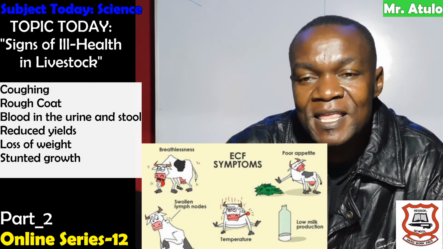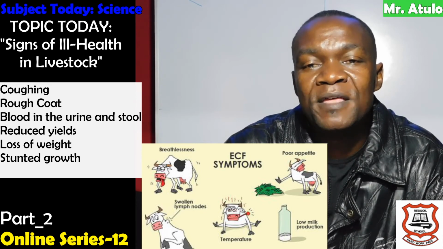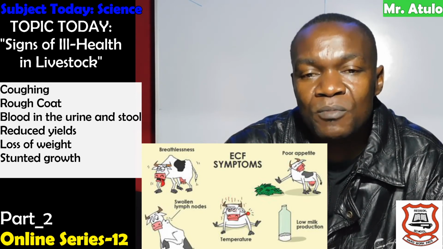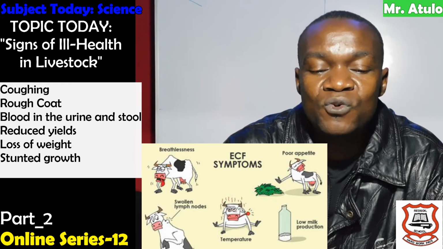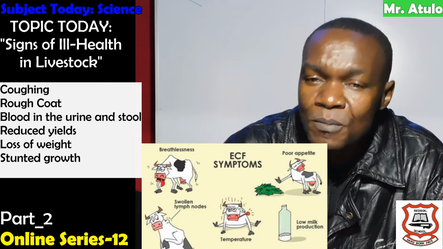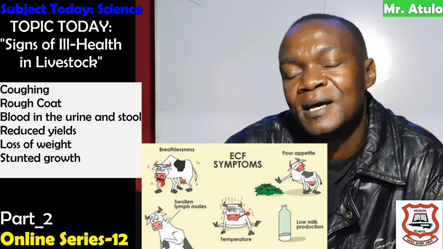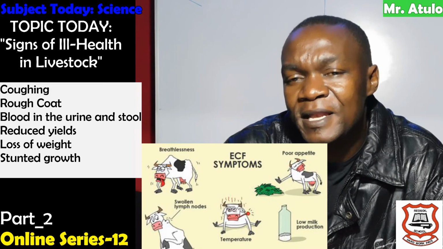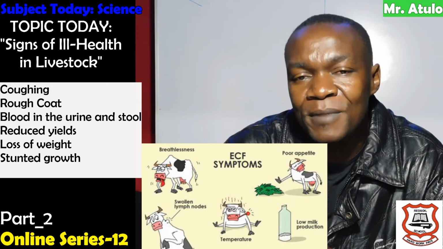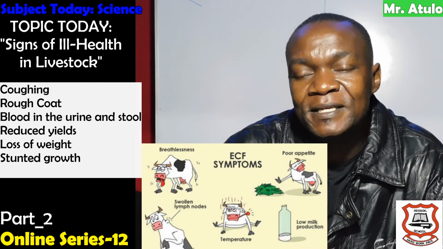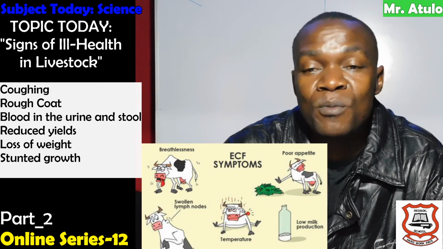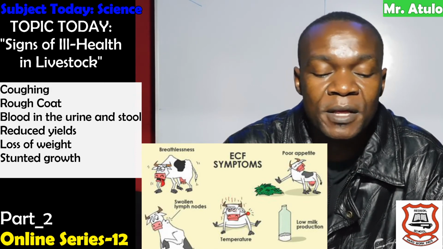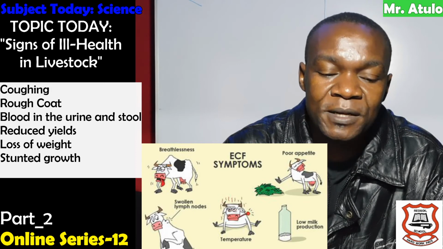When they attack the digestive system, you will see stool coming out with blood stains. And if they attack the urinary tract, then you'll see urine coming with blood stains. So you observe the animal's stool as well as its urine, and anytime you see blood stains, this is a symptom that tells you that the animal is unwell, and therefore you should have appropriate action taken so that the animal is treated.